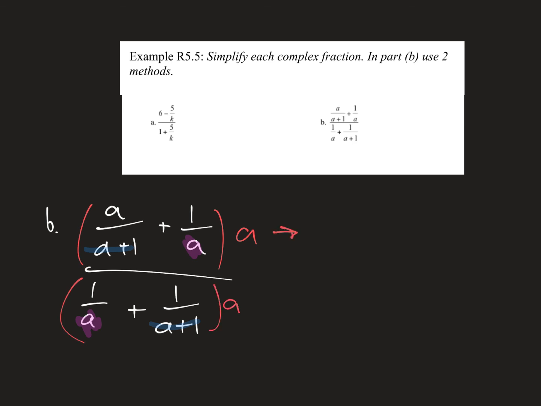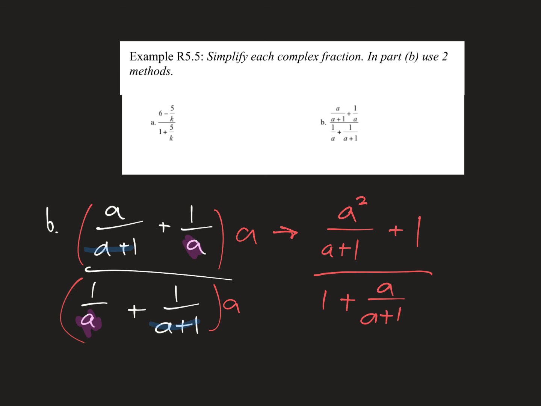So from here on top, a times a over a plus 1 is going to be a squared over a plus 1, plus 1 over a times a is just 1, over a times 1 over a is 1 plus a over a plus 1.